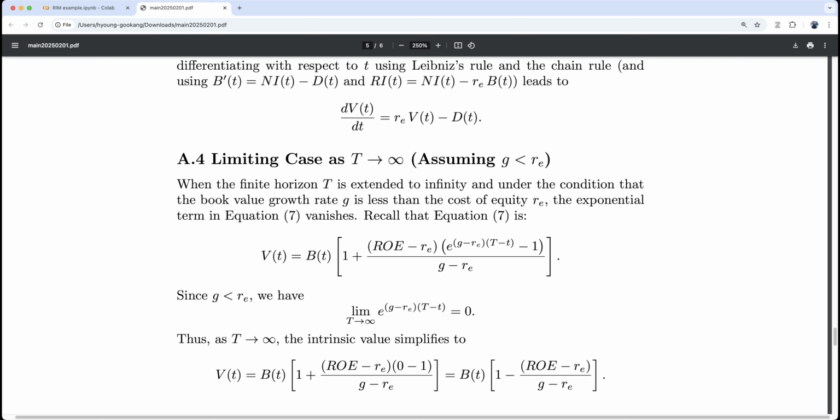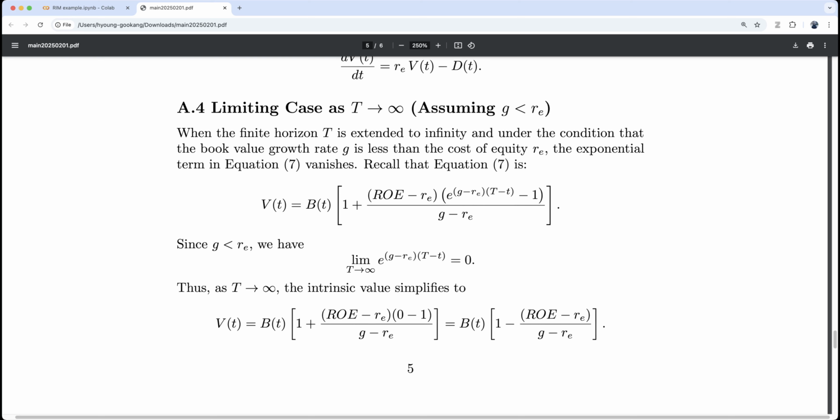At some point, on average, g should be less than r_e. So the exponential term in equation 7 vanishes. Recall that equation 7 is this one, and this exponential part disappears. So when T becomes infinity, the intrinsic value simplifies this way.